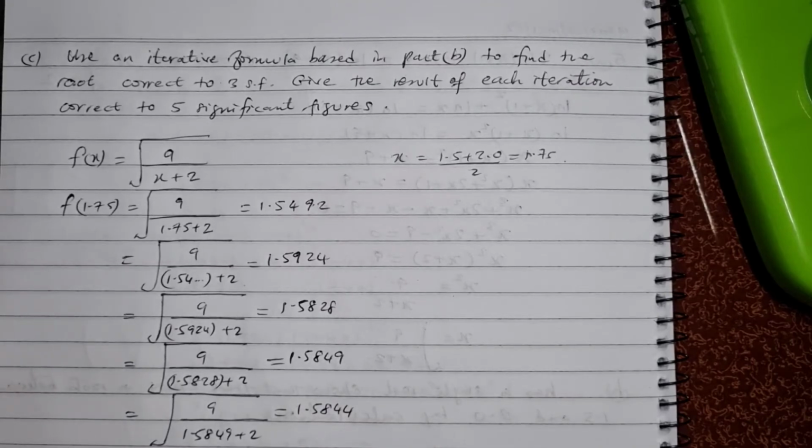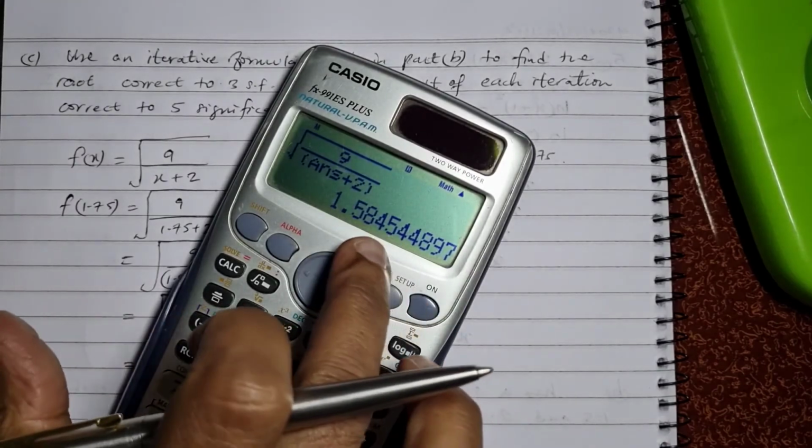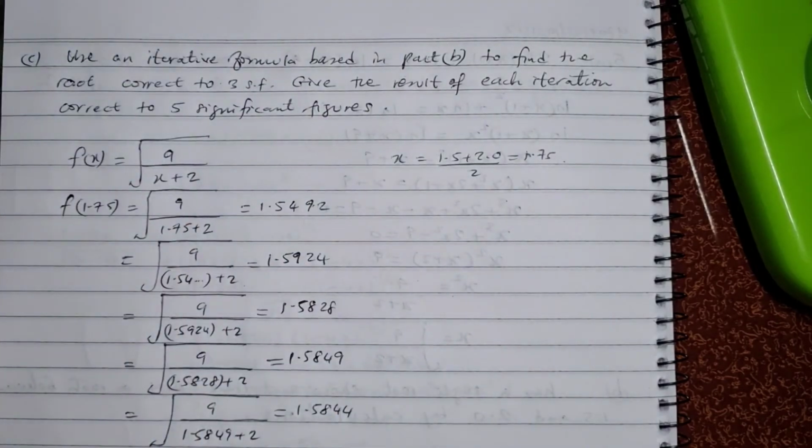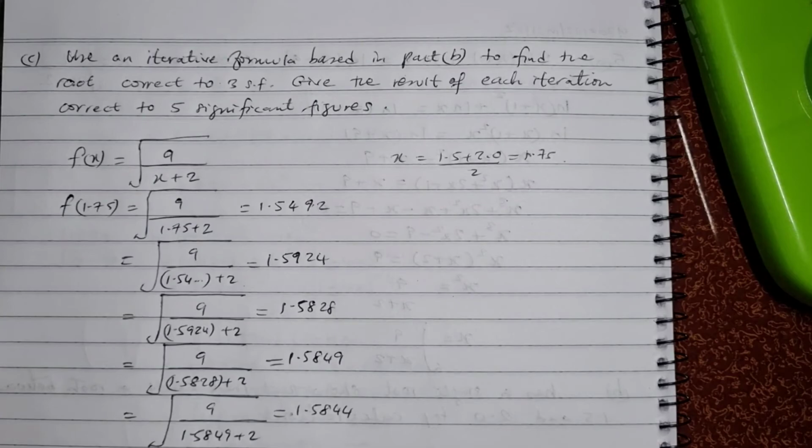The next one is 1.5845, then 1.5845 again. It goes on like that, and we keep coming with 1.5845 again. You're going to get the same result, 1.5845.